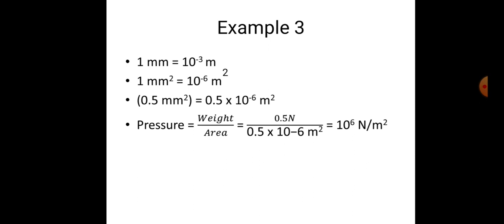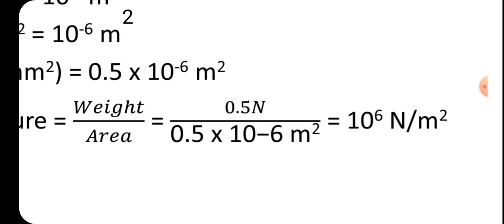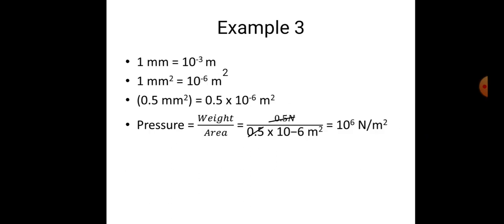Weight is given as 0.5 Newton divided by 0.5 multiplied by 10 raised to minus 6 meter square. 0.5 will get cancelled, and we will get 10 raised to 6 Newton per meter square as answer. So pressure exerted by the screw on wooden plank is equal to 10 raised to 6 Newton per meter square, or 10 raised to 6 Pascal.